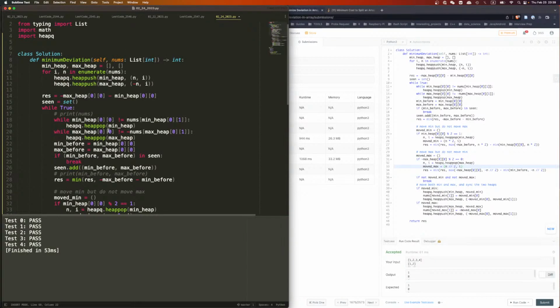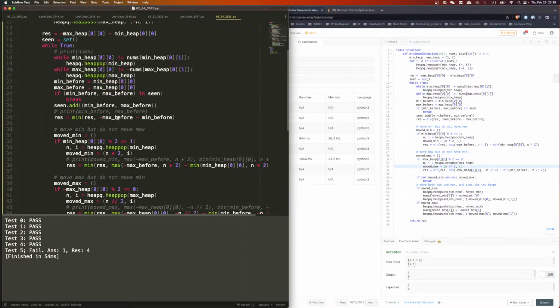Maybe if I put index in it. If it's the same location, right? Because here we are wrong.